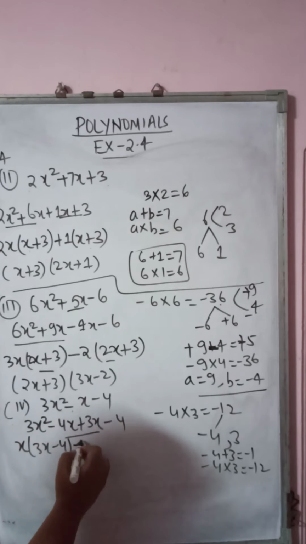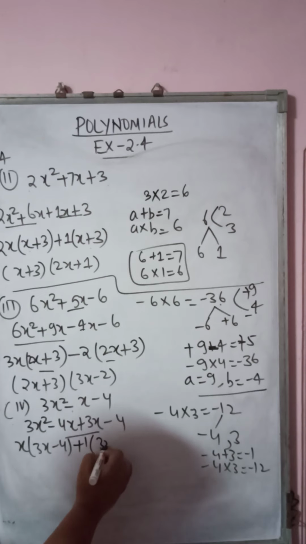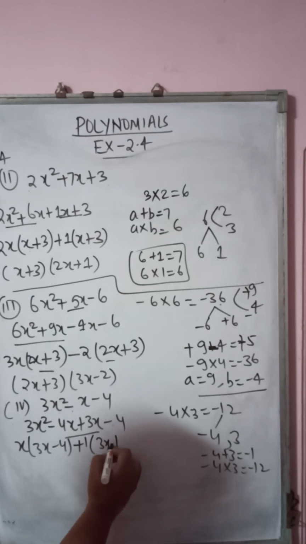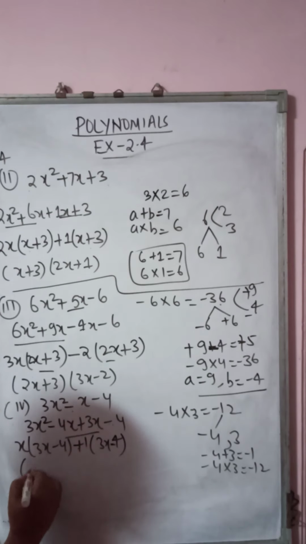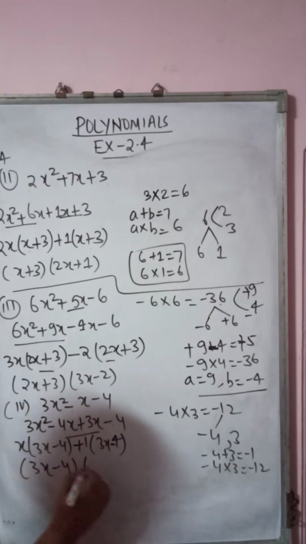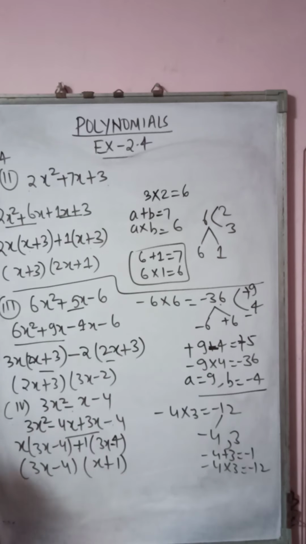Here also nothing is common, so 1 I have taken, 3x, plus into 3x, 3x, and I need a plus sign here. So I'll write minus, because plus minus is minus, and 4, because only 1 I have taken out. Now the expression in both the brackets is same, so keep it in one bracket, and whatever is kept outside, put it in another bracket. So this is how we got the factors. So this question number 4 is done.